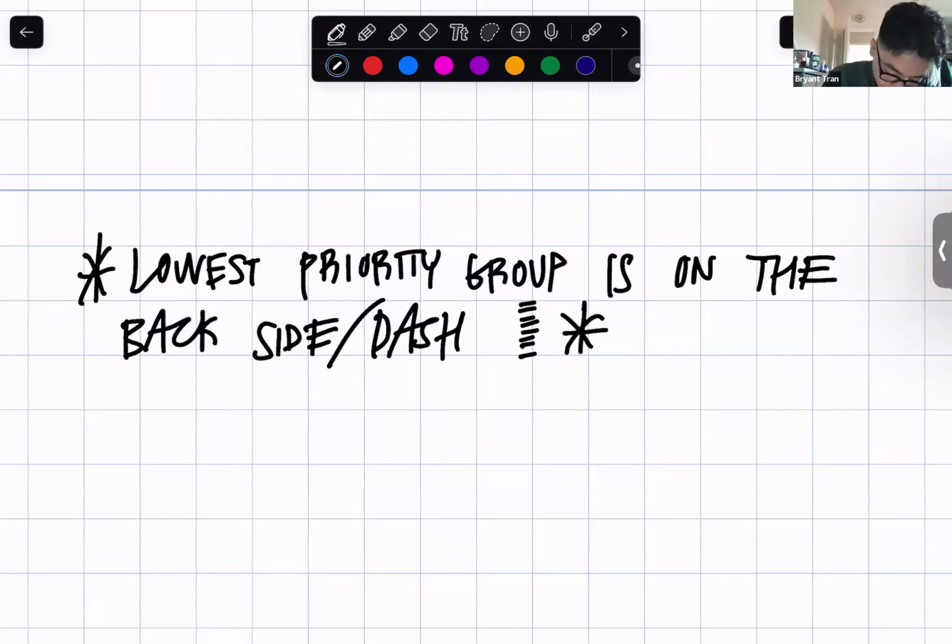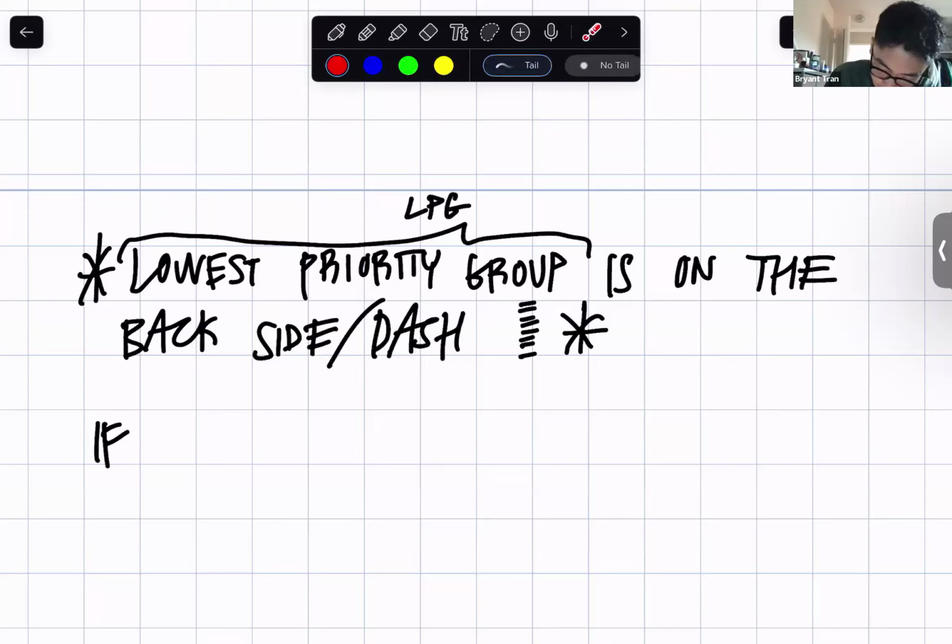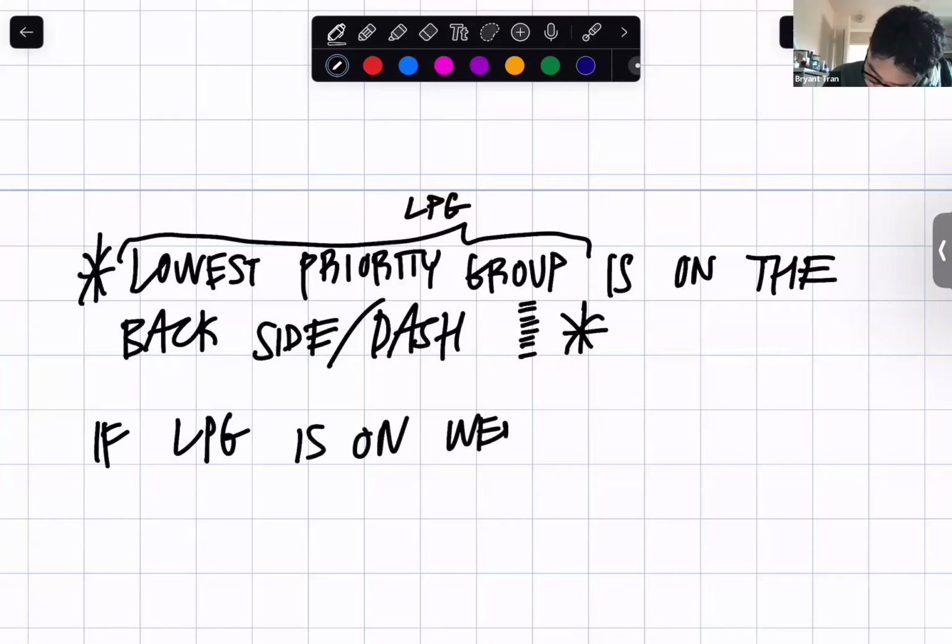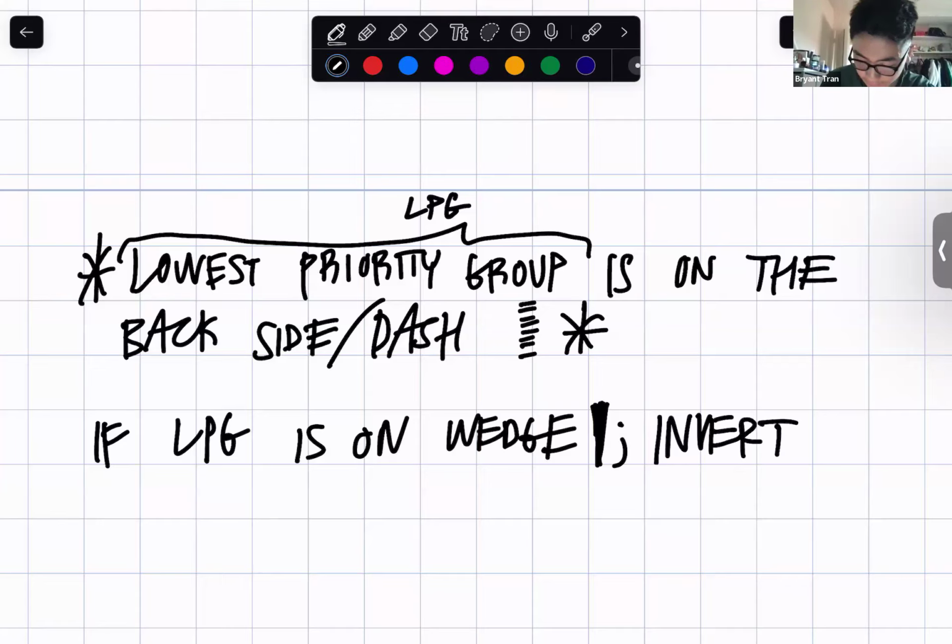If the lowest priority group, which I'm going to abbreviate as LPG, lowest priority group, is on the wedge, which is this bond right here, invert at the end. If you have an R, invert to S. If you have an S, invert to an R. Like flip it at the end.